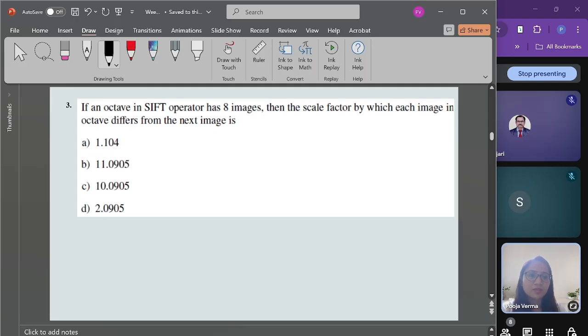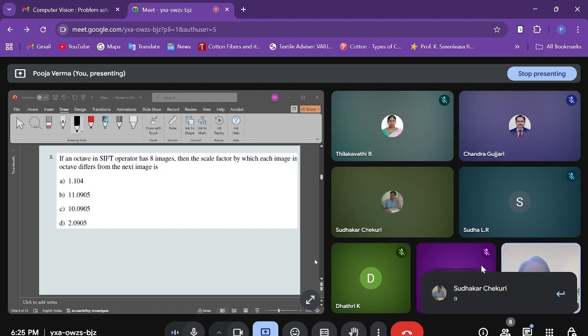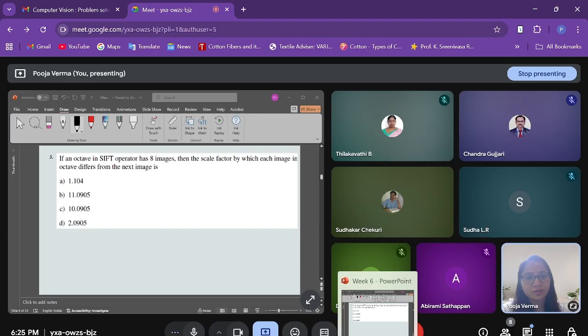At least try once. Which one will be the correct answer? A. Okay, Sudhakar, right. But how can we solve this question?